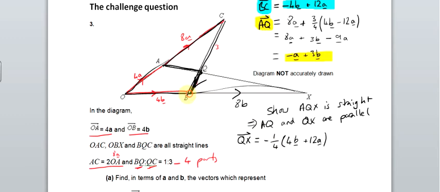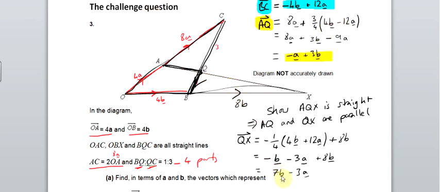So that gets me down to B, and now I've just got to go up the 8b, so I add 8b. And we just work out what this is. So minus 1/4 of 4 is minus 1b, and 1/4 of 12 is 3, so it's going to be minus 3a. And then we've got our plus 8b, and that simplifies down to 7b minus 3a.